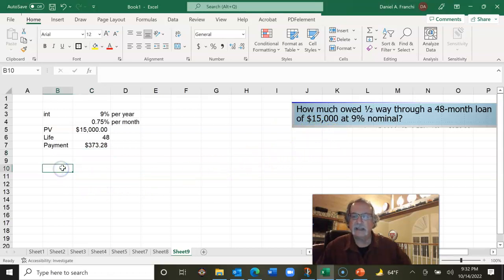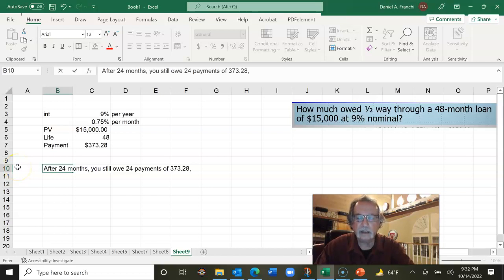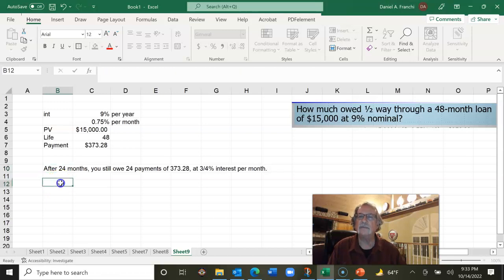What happens is after 24 months, you still owe 24 payments of $373.28 at 0.75% interest per month.